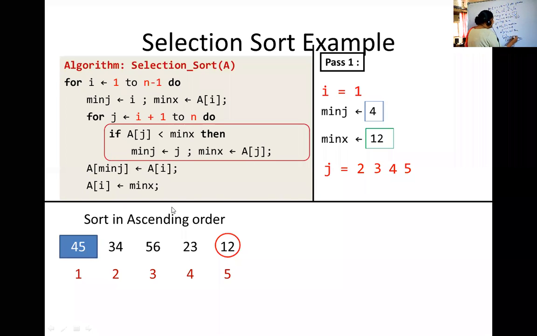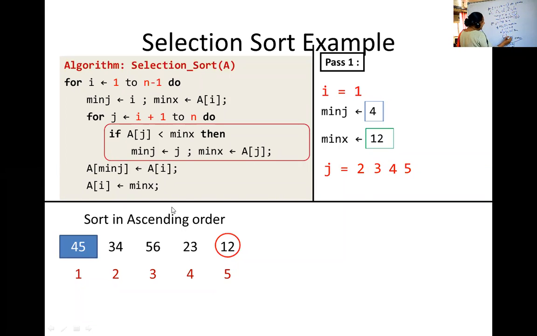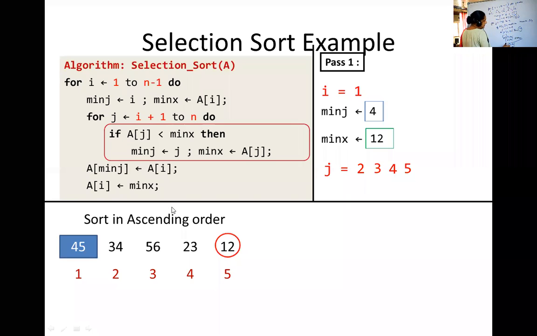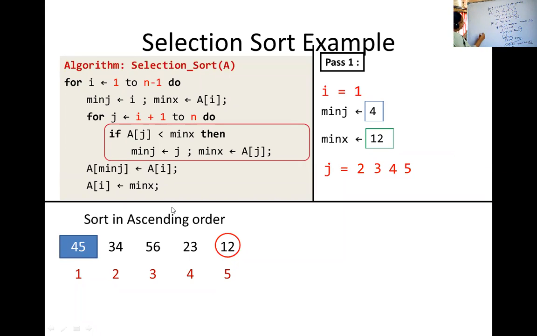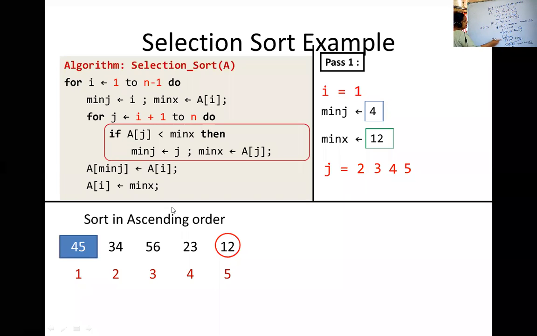So here I have not done any step for 34, because the condition was true, so my min x would be 34. Now 23 is less than 34, so my min x would be 23. Now again a of 5, 12, is less than the min x, 23.